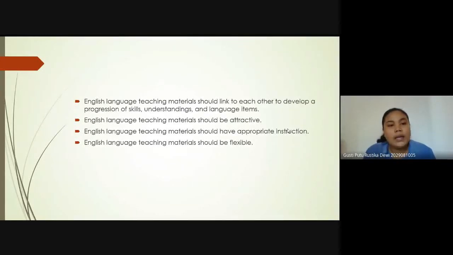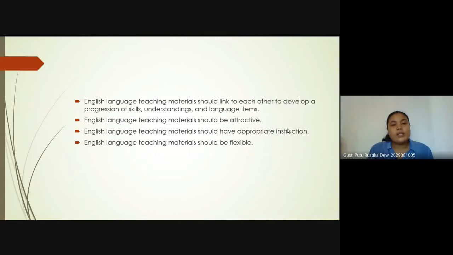The next guideline is that the teaching materials should link to each other. It means that the teaching material should be developed based on the clearly stated learning objective. So between one activity and another, there will be no gap. So it will be connected well.